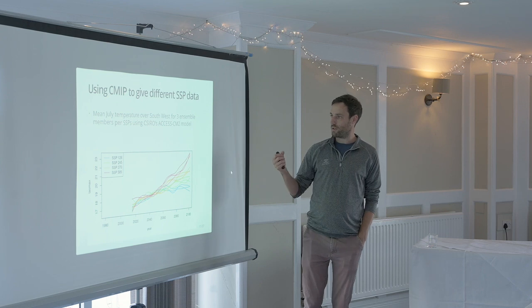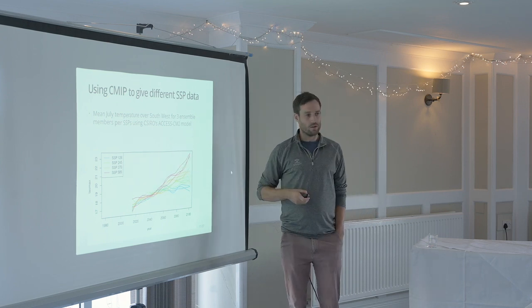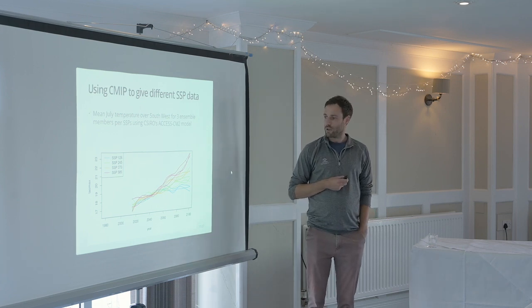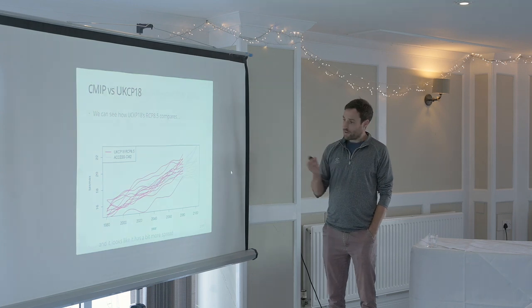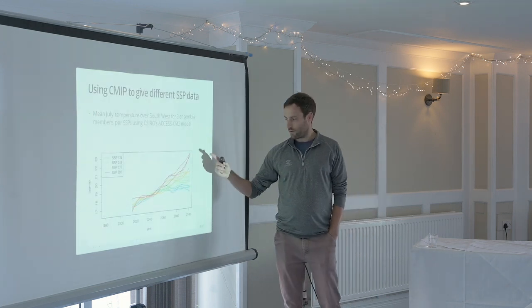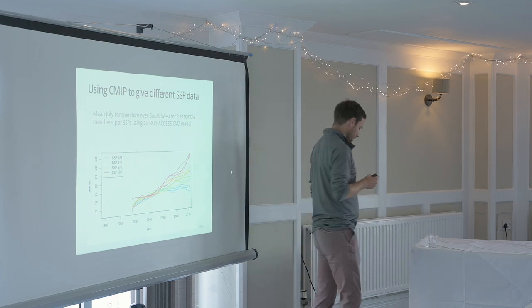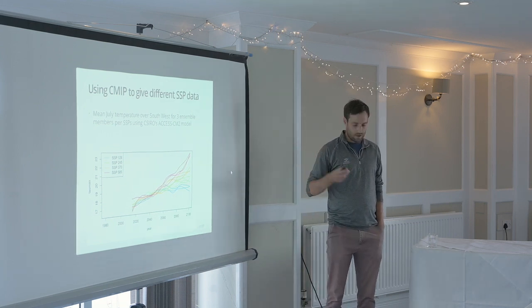So what we want to do is think, can we use this data somehow in our simulations that are hoping to mimic what's happening in the 12-kilometer UKCP18 data? And so this is our mean temperatures for our ensemble members in this ACCESS-CM, I think it might be CSM2 model, I'm not quite sure what it's called, in the CMIP6 data.